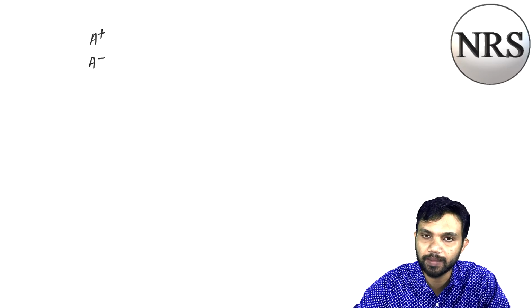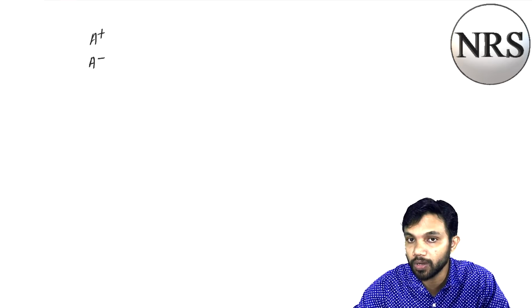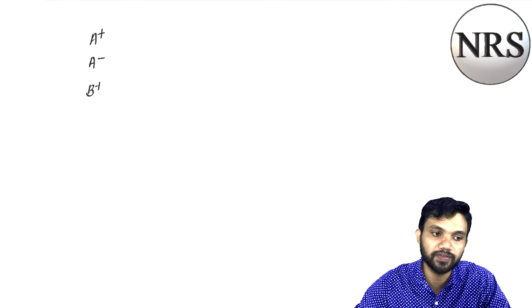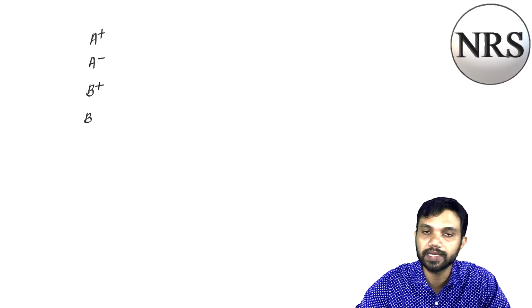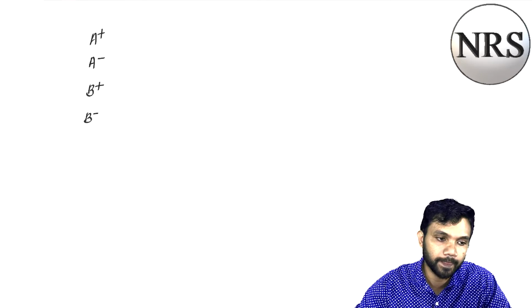So we have A positive, A negative. This means A blood group with RH antigen, A blood group without RH antigen. B positive, B negative, B blood group: they are having RH antigen, they are not having RH antigen.